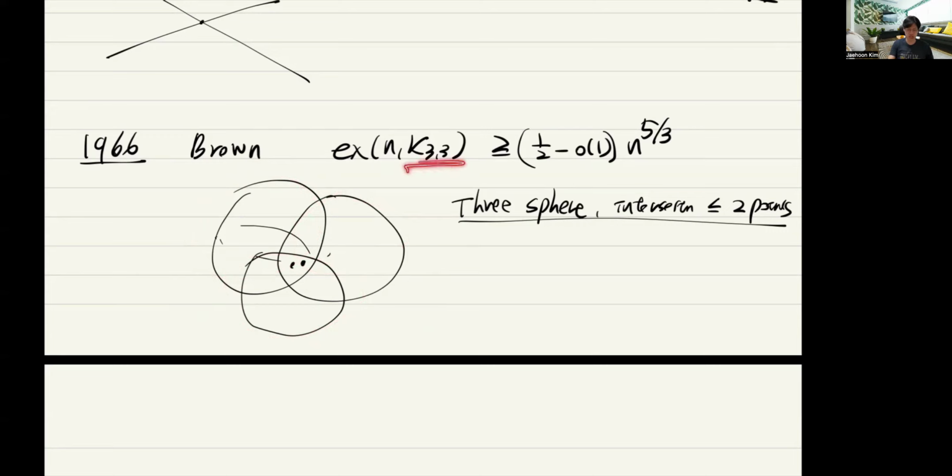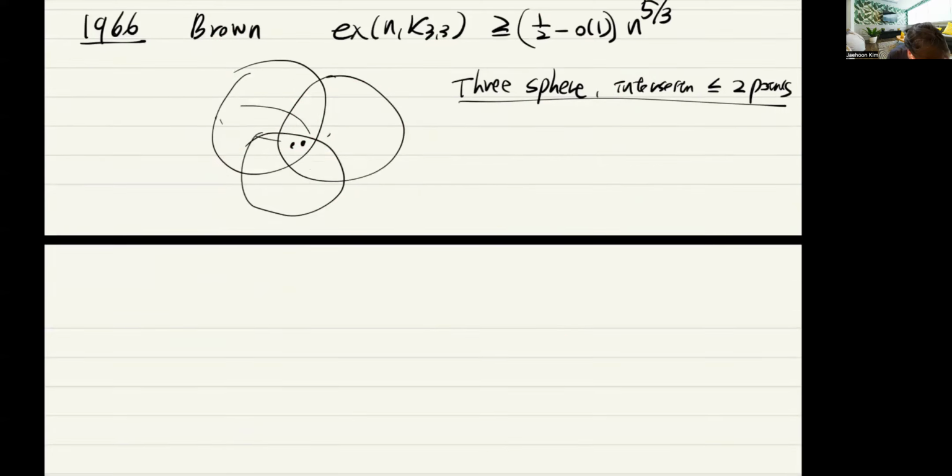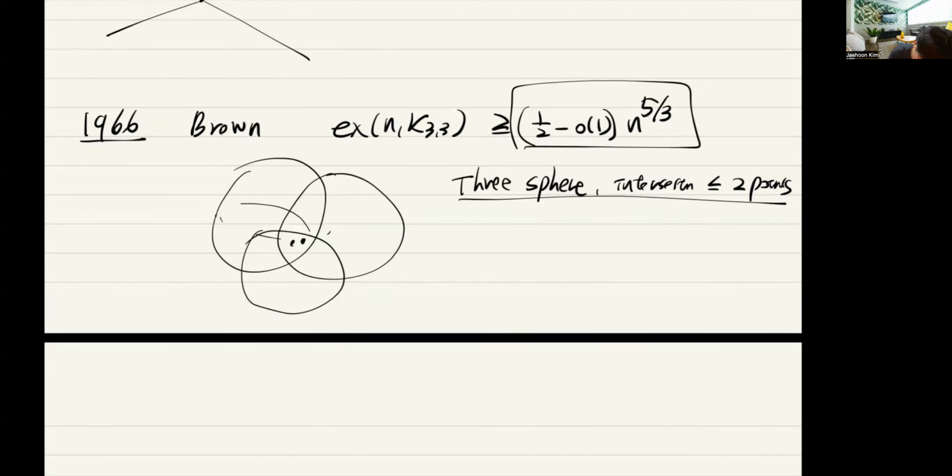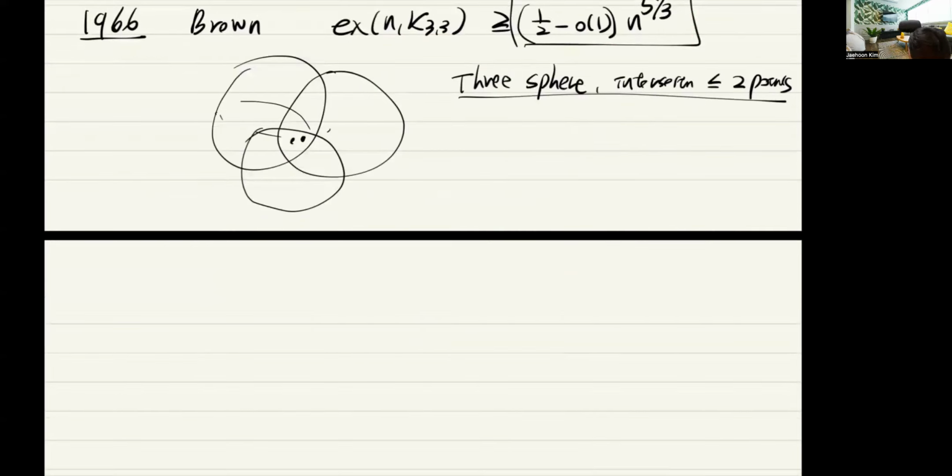So it does not contain K_{3,3}. That's roughly how this proof works. So this more or less determines the asymptotic value of the extremal number of K_{3,3}. But the extremal number of K_{4,4} is not known.